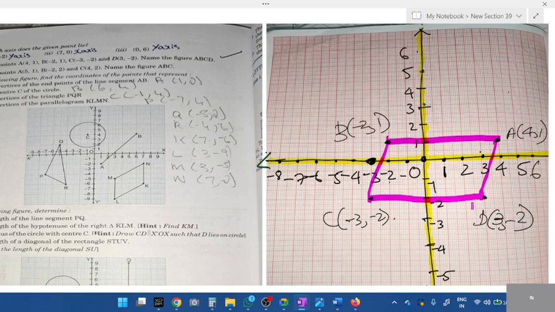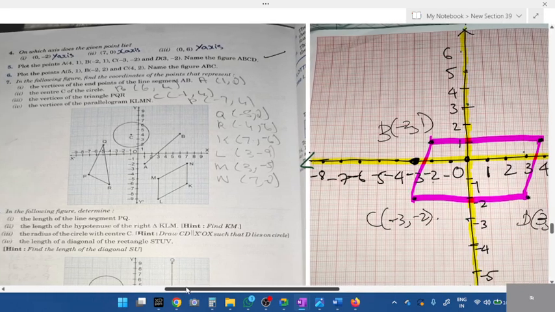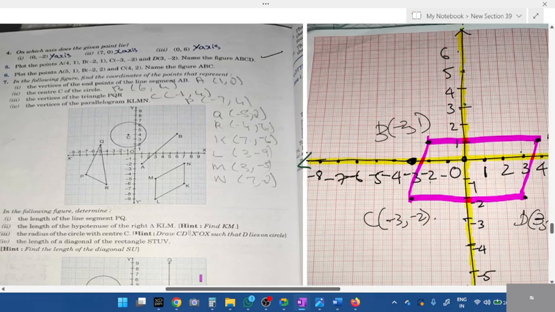Students, done, completed? Try the next diagram.